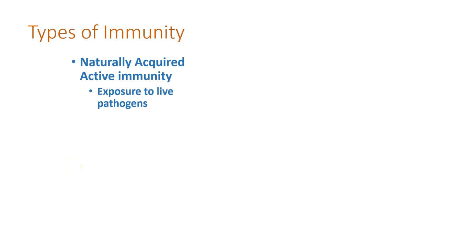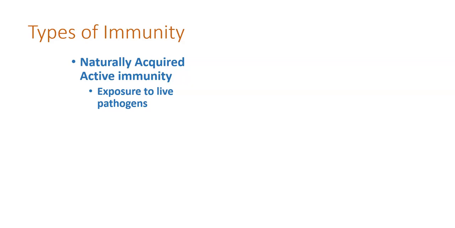So natural active immunity. When I was a kid, we had this discussion before, we did not have the chickenpox vaccine. It did not exist. So what would happen is I got exposed to the chickenpox. I got the chickenpox. I got sick. My body went through the process of making memory cells.